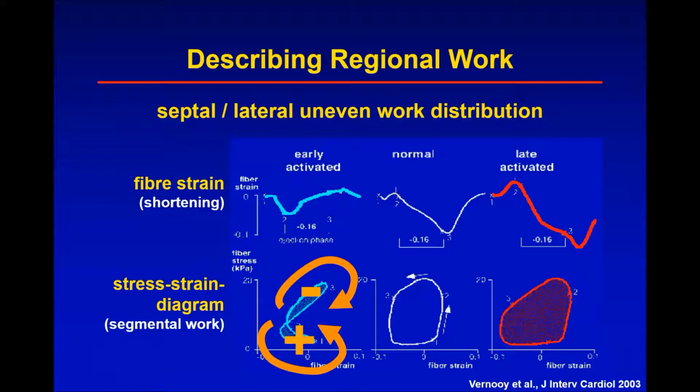So in this time the septum stretches and the septum wastes work which is performed elsewhere in the ventricle. So you can nicely show how the walls work against each other, because on the lateral side in this segment you see how big the loop becomes, because the lateral wall has to work more because part of the work is wasted in the septum.